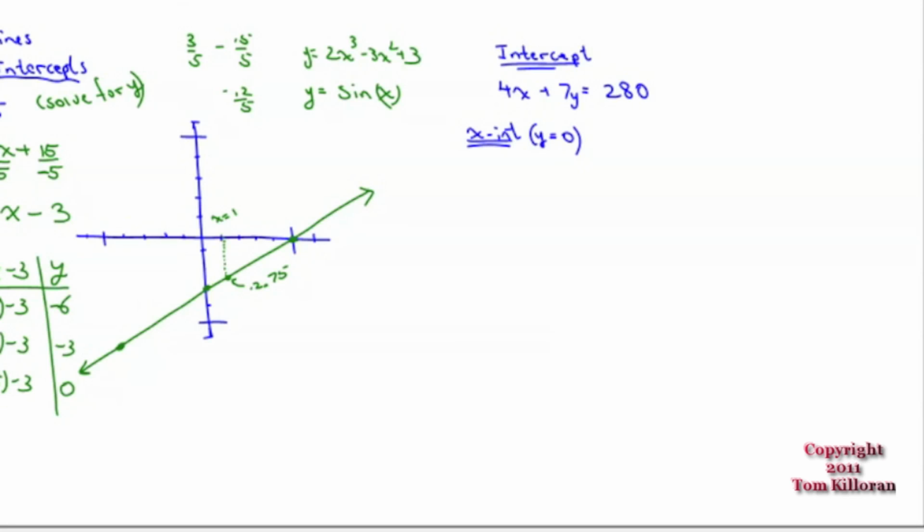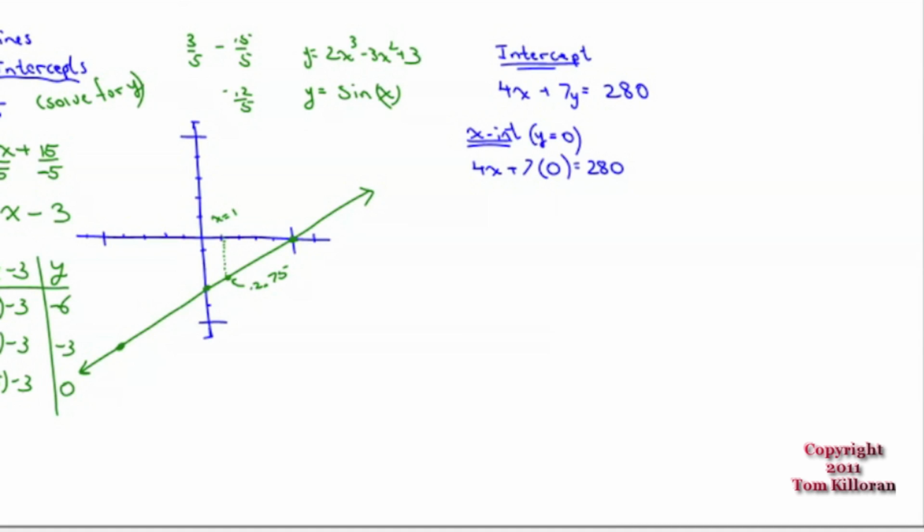If you let y equal 0, the equation becomes 4x plus 7 times something is equal to 280, because we're substituting in for y. In the slot for y goes 0. We're choosing y to be 0. 7 times 0, of course, is 0, plus 4x.